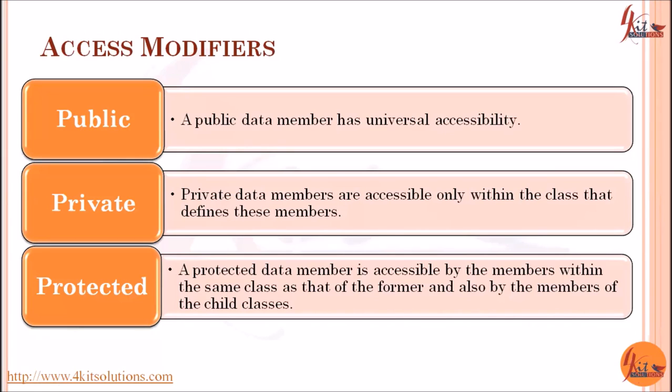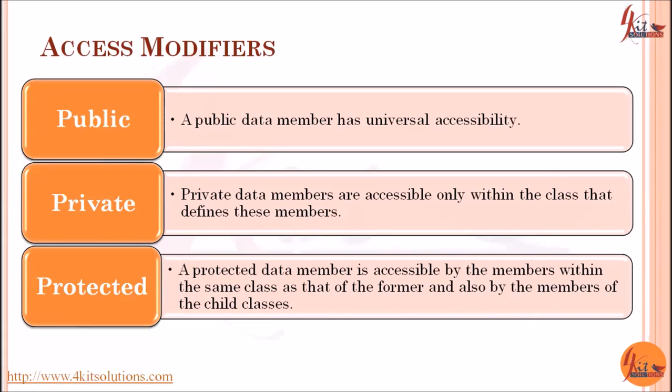And when we create any method or property of a class, we can specify the access modifier, meaning the visibility of that method or property. So we basically have three modifiers: public, private, and protected. A public data member has universal accessibility, meaning that if we have declared a property or a method as public, it would be visible throughout the program.